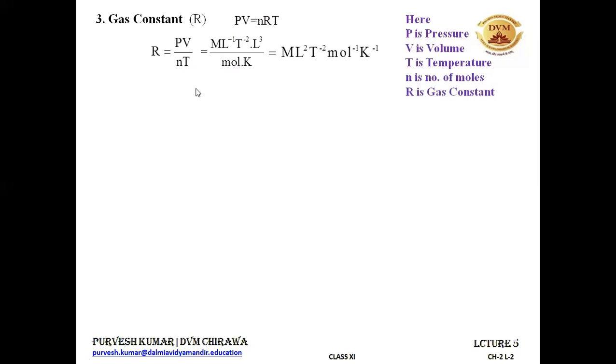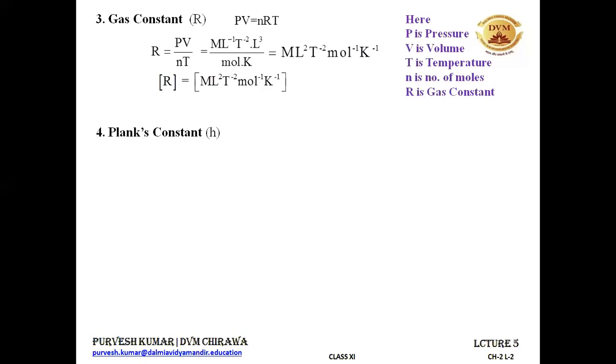Now we can write the dimensional formula for gas constant R is equal to M L2 T minus 2 mole inverse K inverse. All right. So this is how we can find the dimensional formula for a gas constant R.